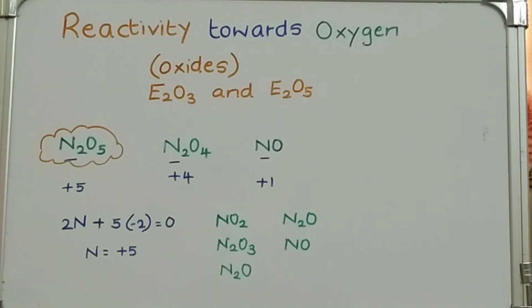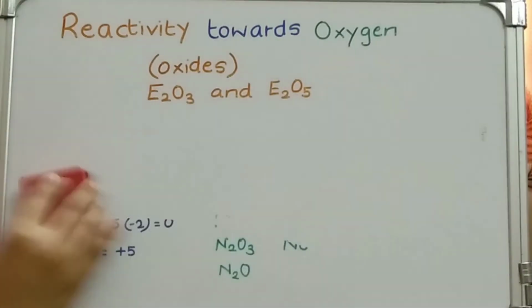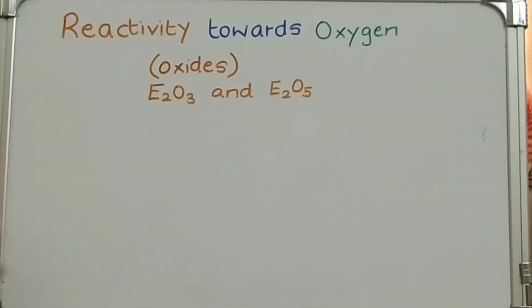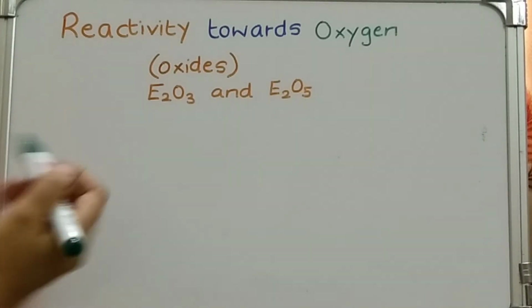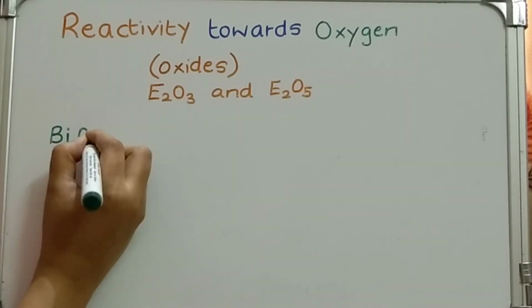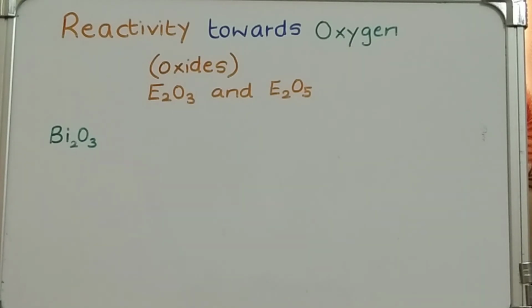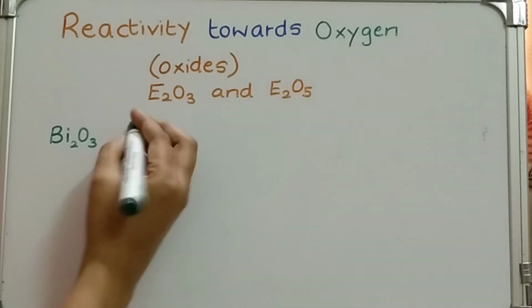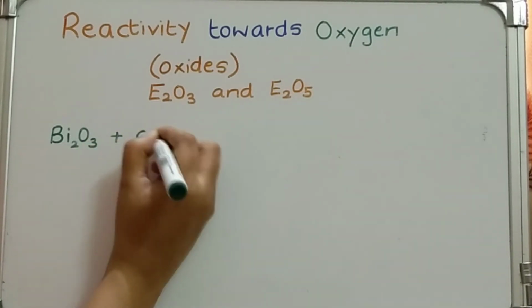So let's check the next one. With bismuth, we have one reaction, one equation we will write. The oxide of bismuth, Bi2O3, reacts with an acid.